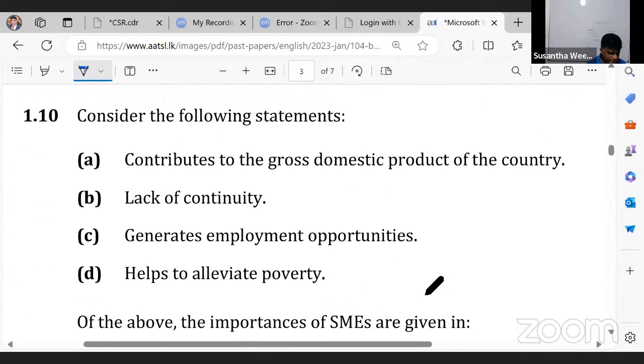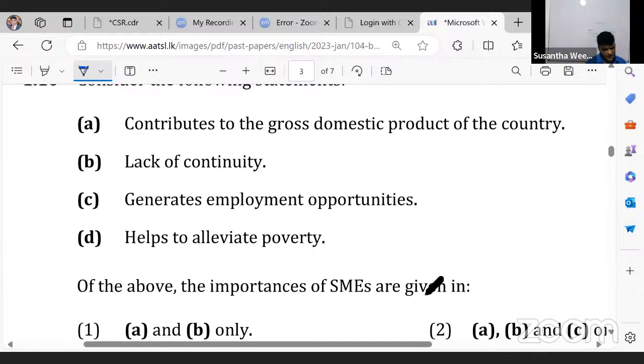Consider the following statements. Contribute to the gross domestic product of the country. Lack of continuity. Generate employment opportunities. Help to alleviate poverty. Of the above, importance of SME. What is SME? SME stands for small and medium scale enterprise.